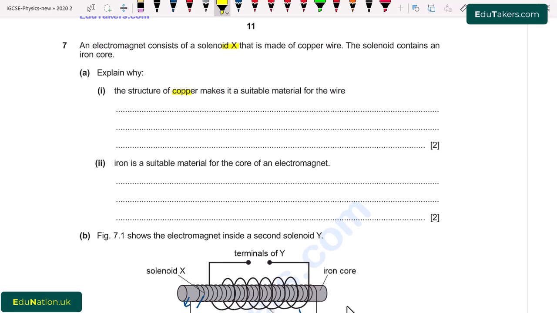So, first of all, we have to know about the properties of copper. Copper is a metal. It consists of a lot of free electrons. That's why it is a good electrical conductor. Because of these properties, it is a suitable material for this wire. So I write here, copper is a metal, and it contains free electrons.